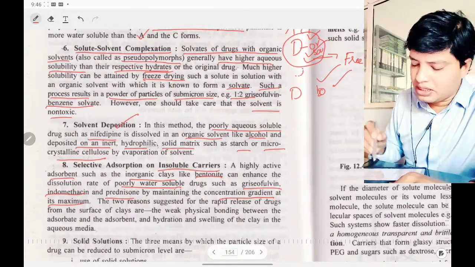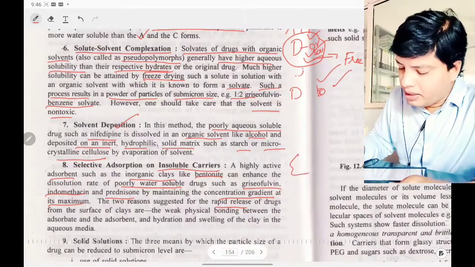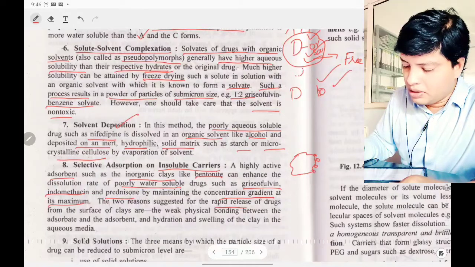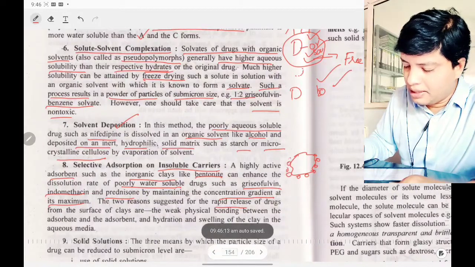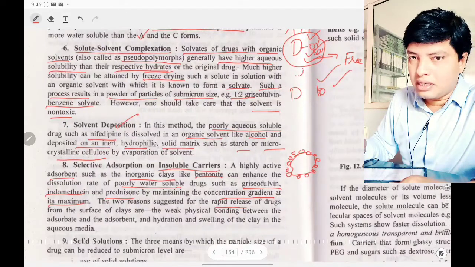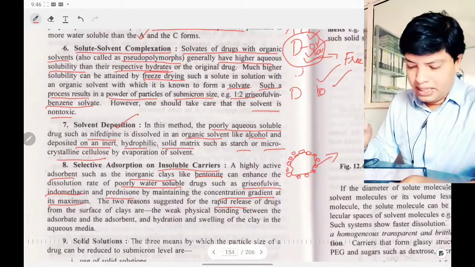What this point is saying, take that bentonite, it will be clay like, okay, deposit your drug, like say griseofulvin, on the bentonite. By depositing that griseofulvin on the bentonite, its bioavailability is increased.